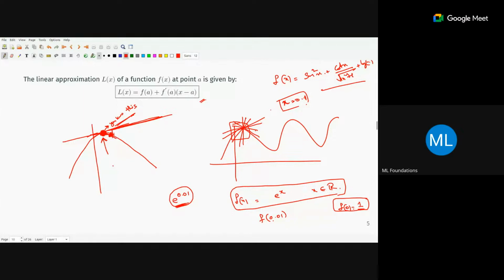I conclude that this line is a better approximation compared to all other lines which pass through that point. That we can prove, and it is proven. If I sit and solve those proofs, it will take some time, but I don't want to get that deep.